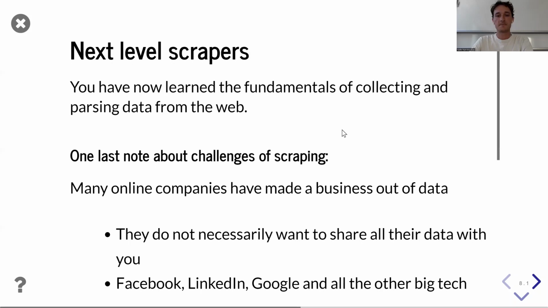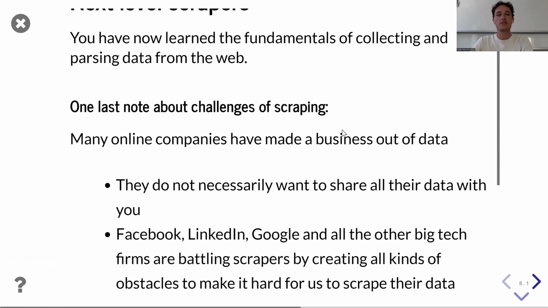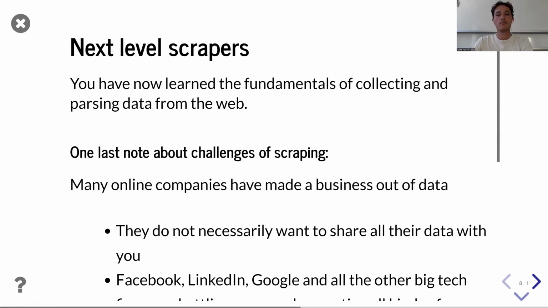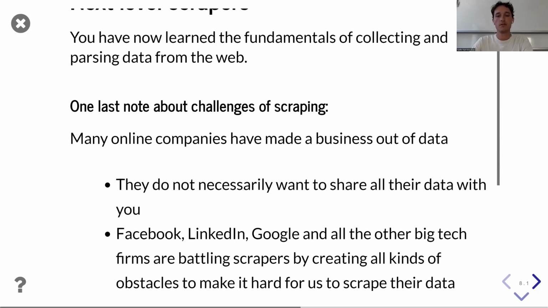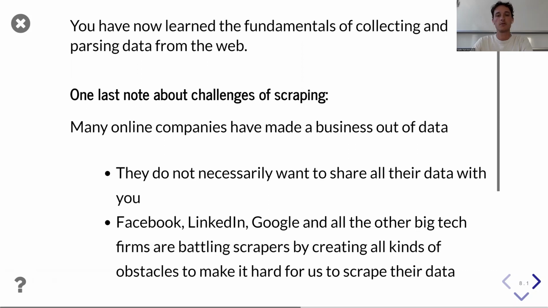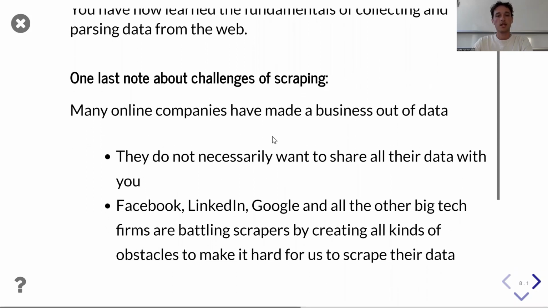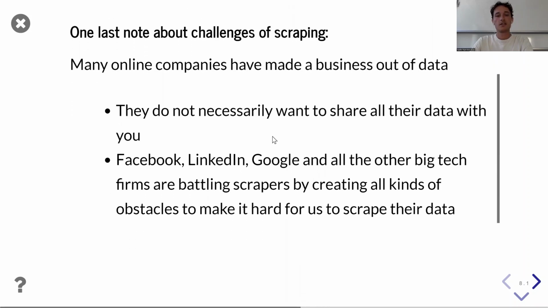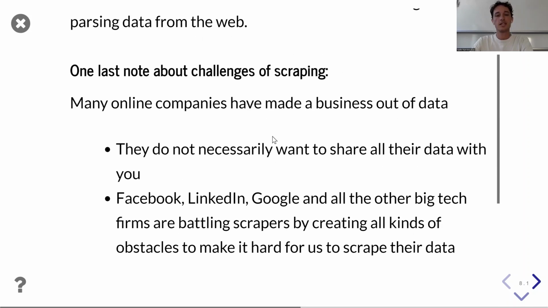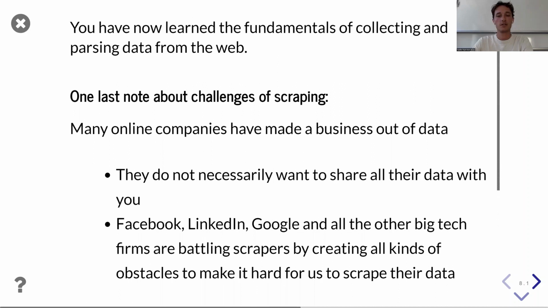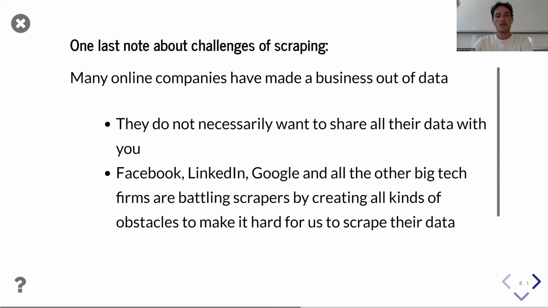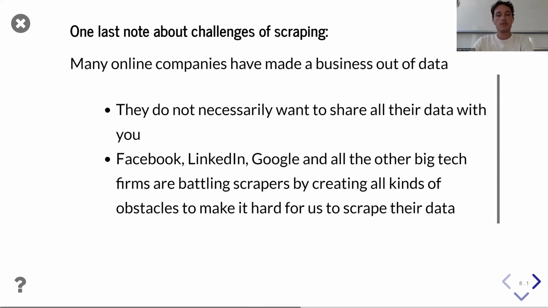But many companies that have made a business out of their data on the web, for example Facebook, Google, LinkedIn, Twitter, are not necessarily that keen on sharing all their data with you. So they are battling scrapers by creating all kinds of obstacles to make it hard for us to scrape their data.